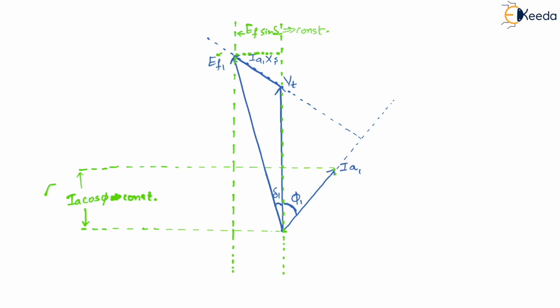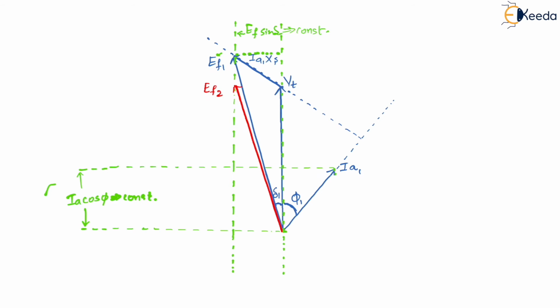But now we have seen that even though EF will change, my EF sine delta has to be the same or not? Yes, sir. EF sine delta has to be the same. Which means even if my EF changes, my EF will come somewhere here. For example, if I consider that my EF has been reduced here, this red is, let us say, my EF2.